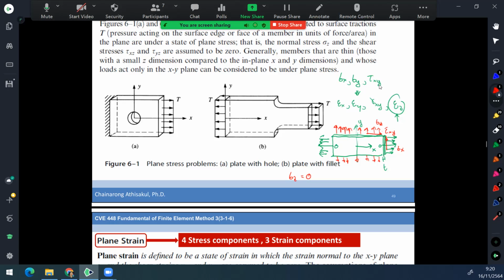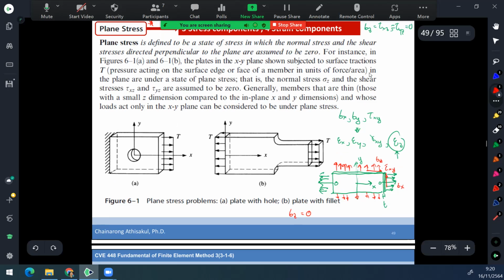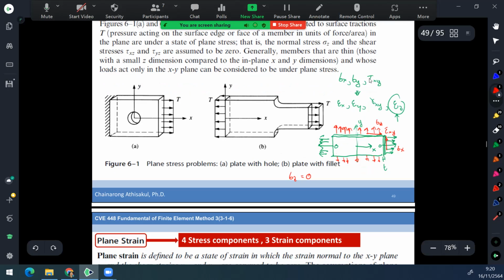So that is the type of plane stress that we may be familiar with. The case of the beam is one type of plane stress. Consider a beam like this. Actually it is three-dimensional, right?